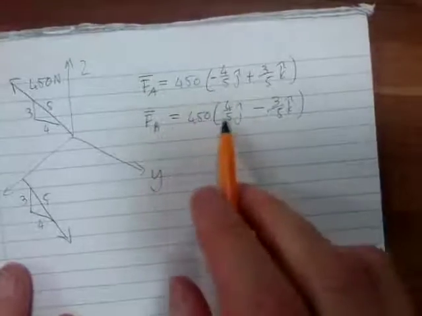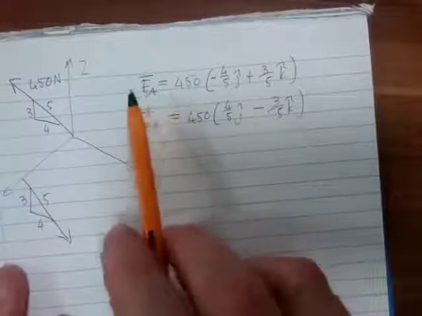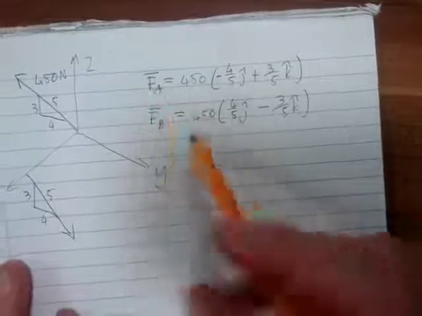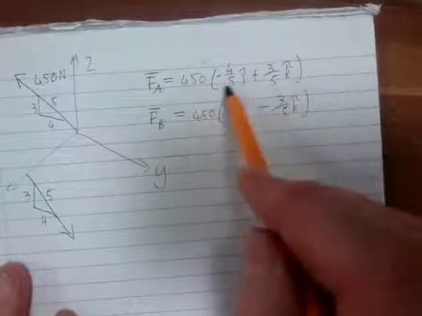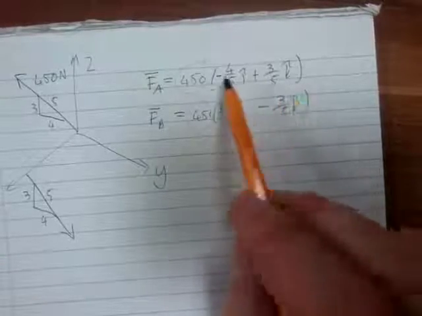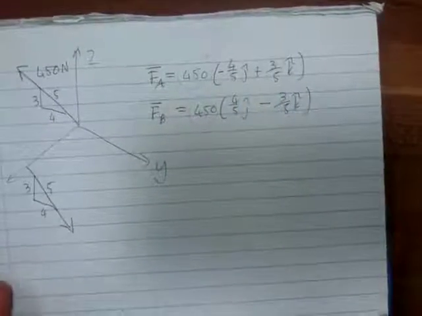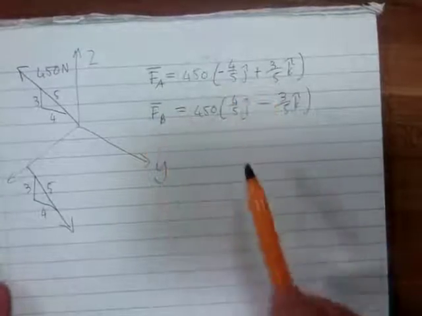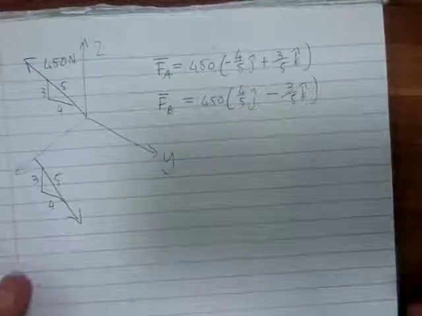As you can see, these are simply opposite. That's what a couple is: the same magnitude, and the unit vectors are opposing vectors.